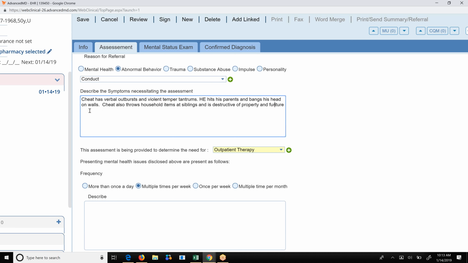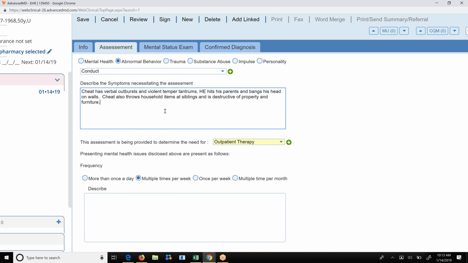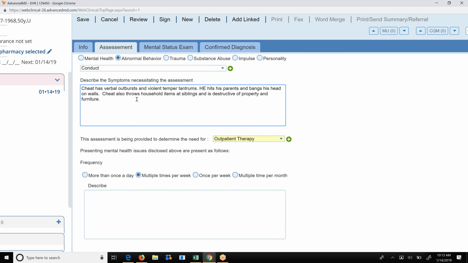Those are the things that we're basically looking for here under that description of symptoms, and they are what is going to be running the basis for the medical necessity.